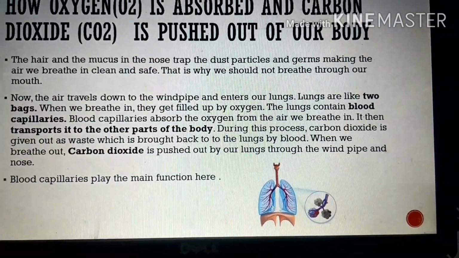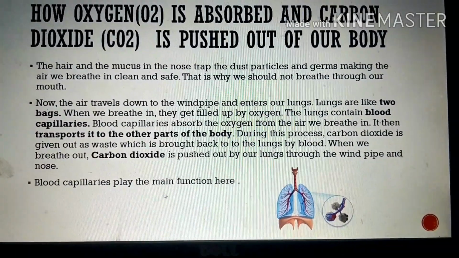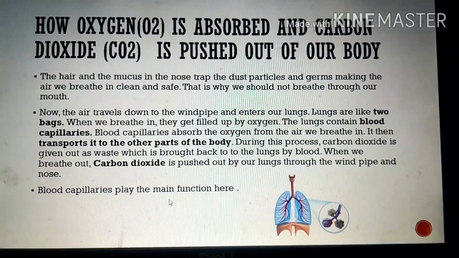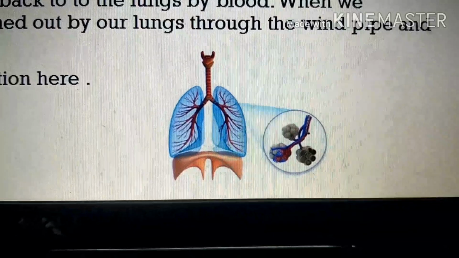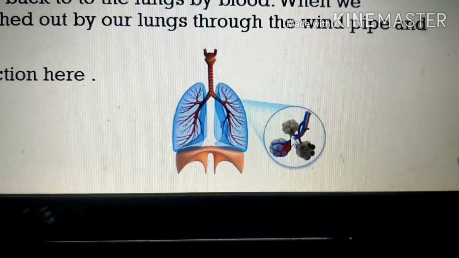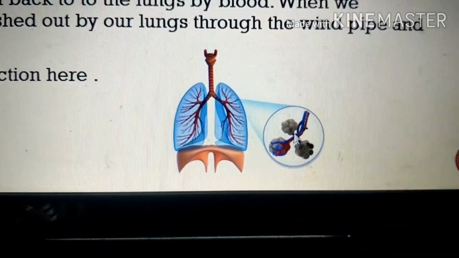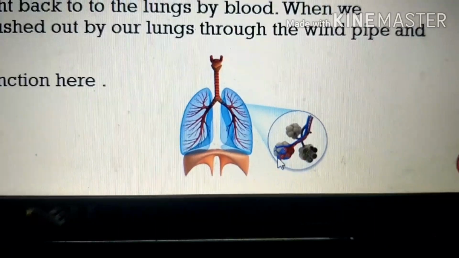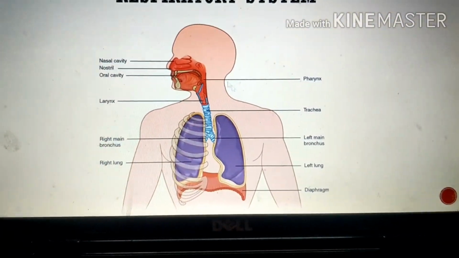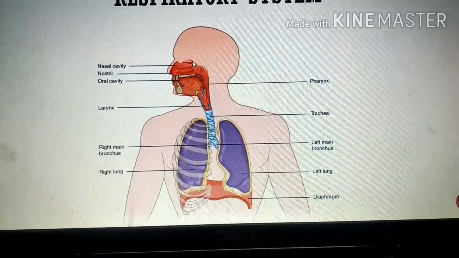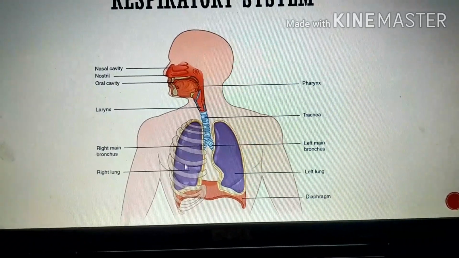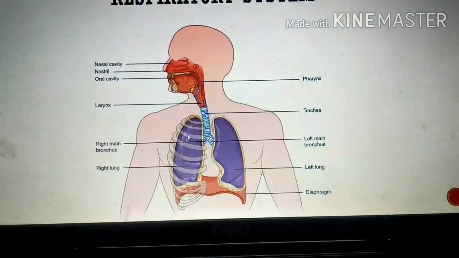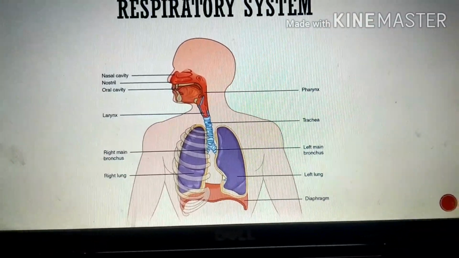Okay, so blood capillaries play the main function here, and blood capillaries mainly give rise to these balloon-like structures. These are called alveoli. Next one, see, this is our nostril, then the windpipe, then this is our trachea, then the lungs, right lung and left lung.